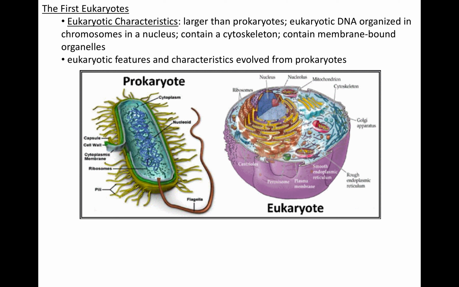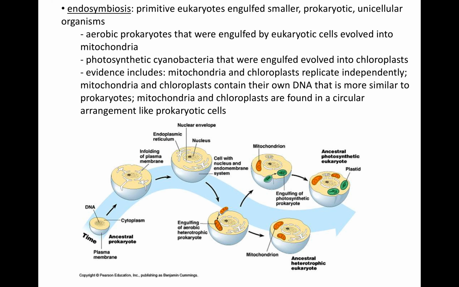The first eukaryotes, well, where did they come from? Well, you probably remember back in Unit 2 when we talked about cells, and we talked about this process called endosymbiosis. Where did these first eukaryotes come from? They believe they evolved from prokaryotes. So what is the idea of the endosymbiosis? It is an idea that smaller prokaryotes, such as smaller heterotrophic prokaryotes or smaller autotrophic prokaryotes like these ones here, were engulfed or swallowed up by larger prokaryotes.